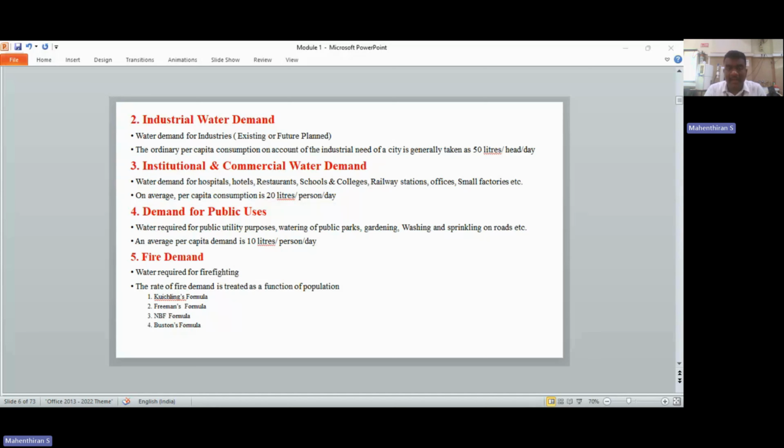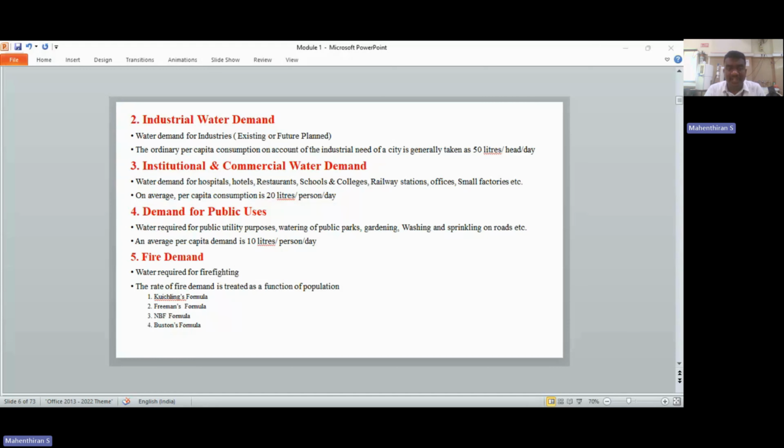For example, hospitals need water for sanitation, patient care, and cleaning. Hotels and restaurants require water for cooking, cleaning, and guest use. Educational institutions need water for drinking, toilets, and laboratories.